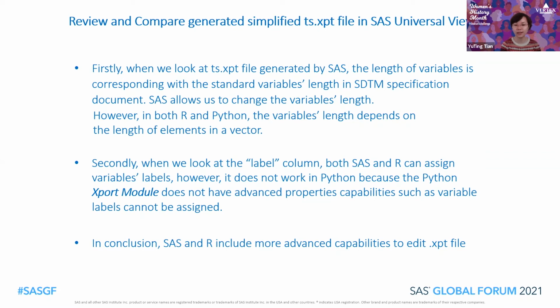If you are interested in digging into other functions of Python, you can read some related papers. So the conclusion here is SAS and R include more advanced capabilities to edit XPT files. Thanks, everyone. So now I will give it back to Todd.